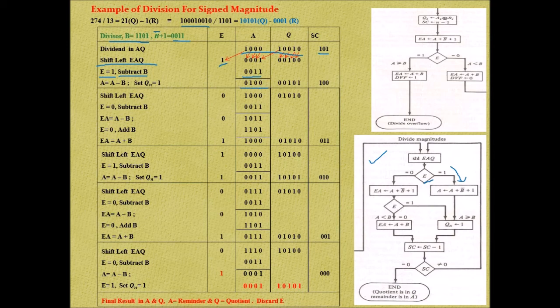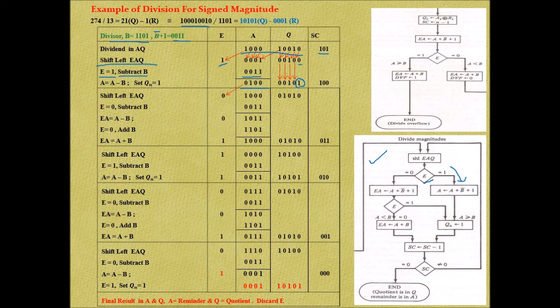This is the result of the addition. After that we have to make Qn equal to 1. That is, the least significant bit of Q should be 1, so this 1 is placed here and the rest of the bits are kept the same.